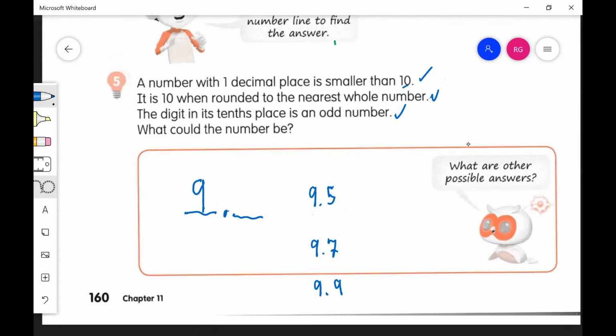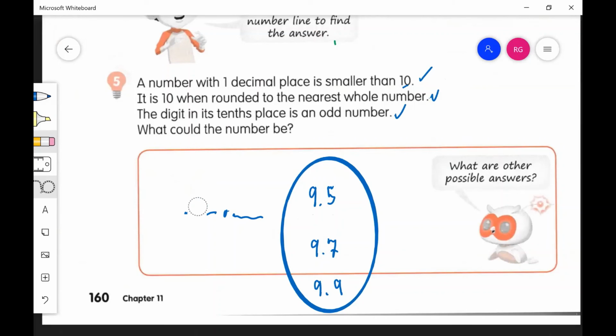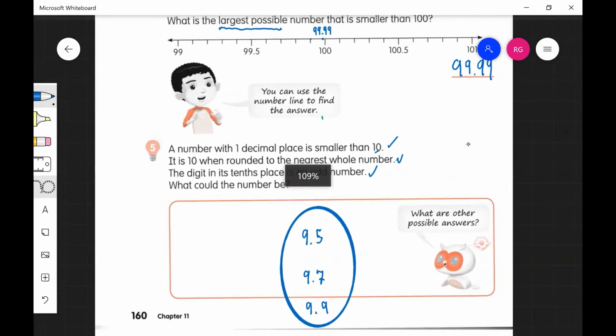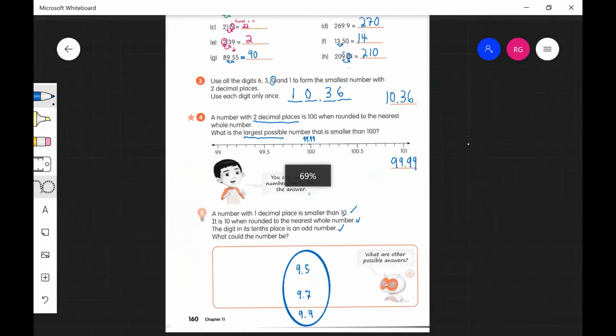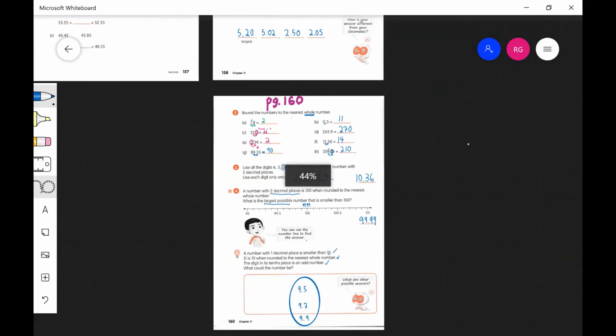Well, it could be any of these, right? So you could write all 3 of those, or you could write just one, but those would be your options there. So 9.5, 9.7, or 9.9. Those are your only options. Those are your answers for page 160.